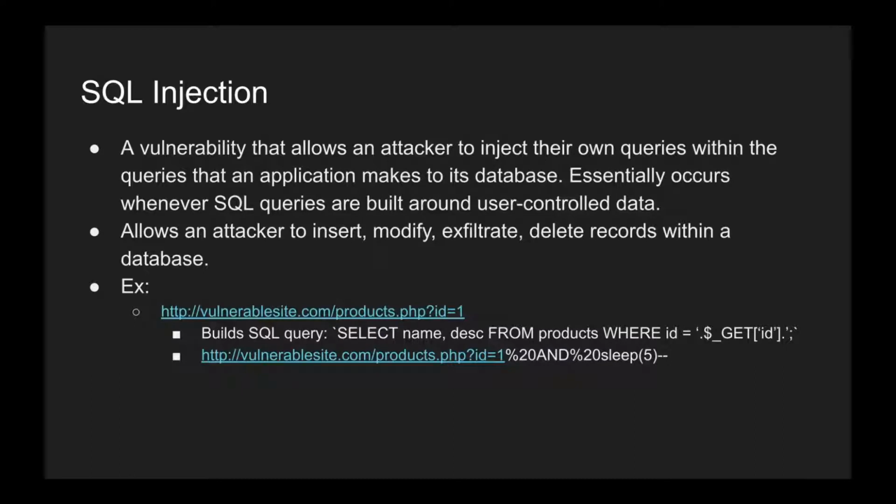That would be injectable because it's not doing any sort of escaping, and there are no parameterized queries or anything. So we'd be able to inject our own SQL and exfiltrate all the data in that database, or even update products, change products, or delete them, whatever the application is doing.